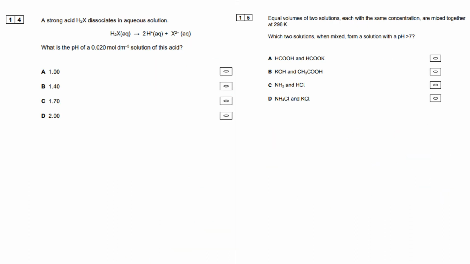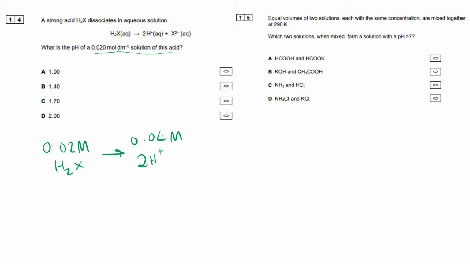Question number 14. A strong acid dissociates in aqueous solution, and you're given the equation. What's the pH of this solution of the acid? If you have 0.02 moles per decimeter cubed of the acid, that means you're going to have twice as many moles per decimeter cubed of the hydrogen ions.